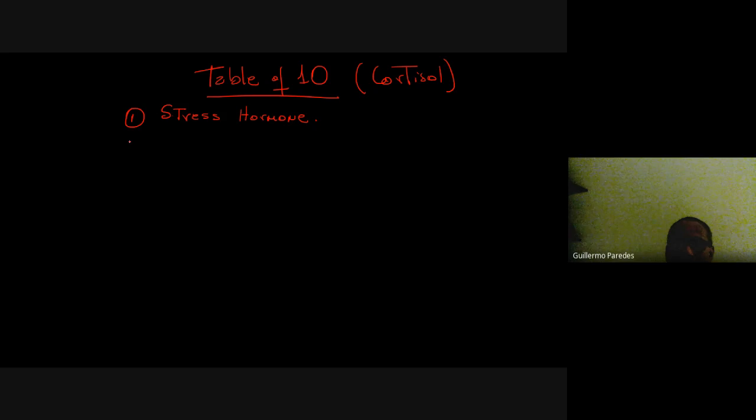Why is that? Because the stress hormone, cortisol, is going to increase the glucose in blood. Before that, sorry, stress hormone is going to make you awake. Tell me the proof of that.